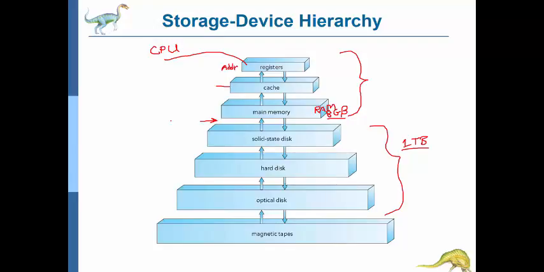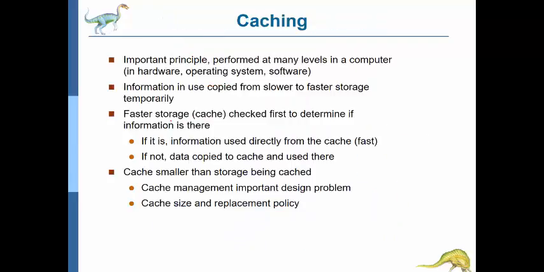In that way, you do not need to open up the refrigerator every single time that you need to do a process. So caching is an important principle performed at many levels. As I said, at many levels. It's not only between register and main memory.